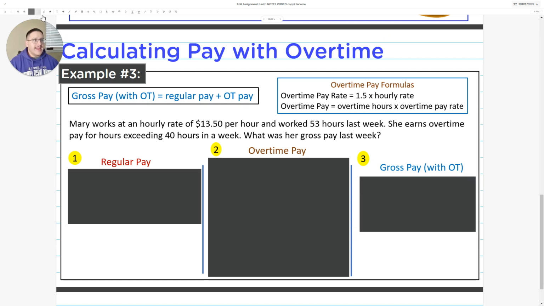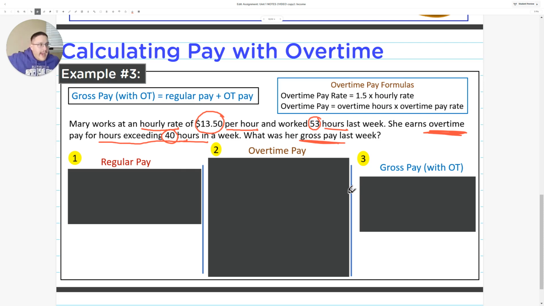Mary works an hourly rate of $13.50 per hour and worked for 53 hours last week. She earns overtime for hours exceeding 40 hours per week. What is her gross pay last week?